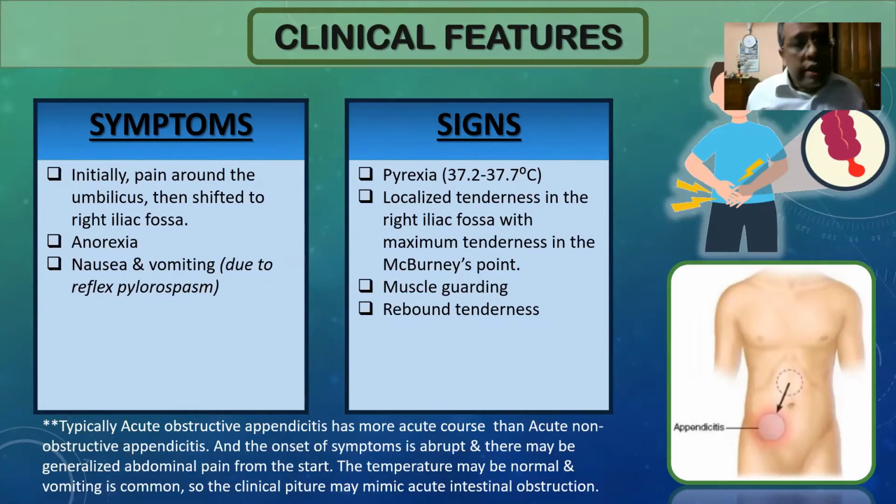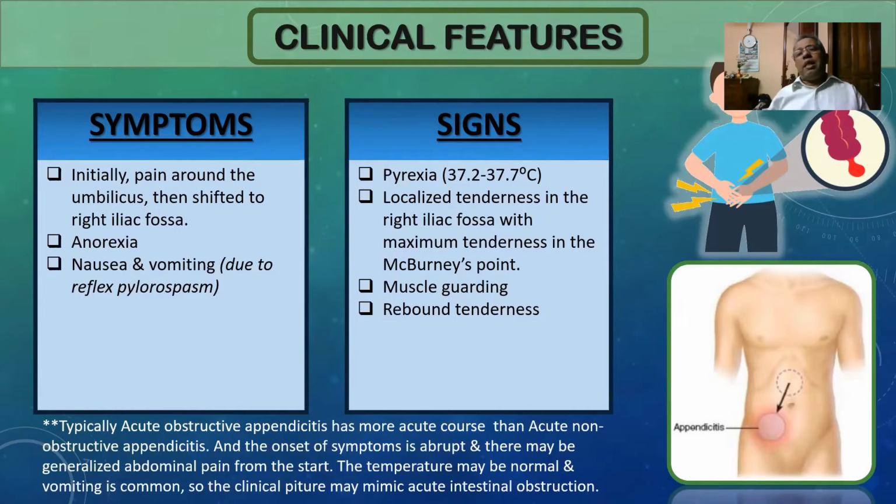The midgut derivatives share the same innervation, so the pain is represented around the umbilicus. For that reason, the appendix is a midgut organ. With inflammation in the appendix, initially distension causes a feeling of pain around the umbilicus.